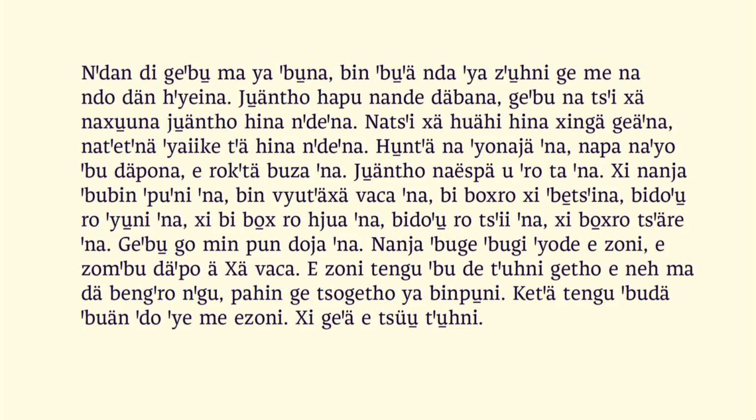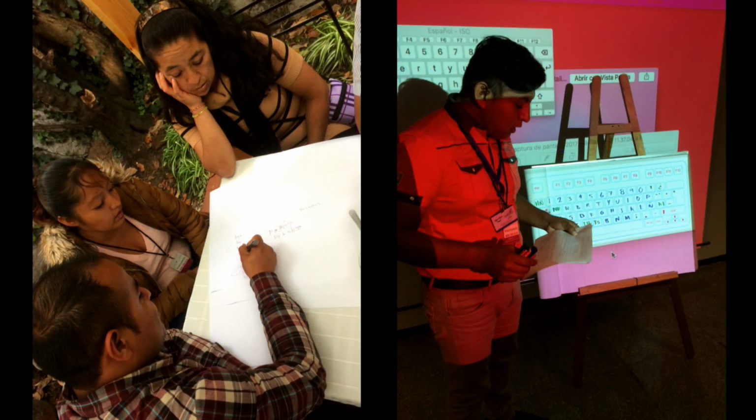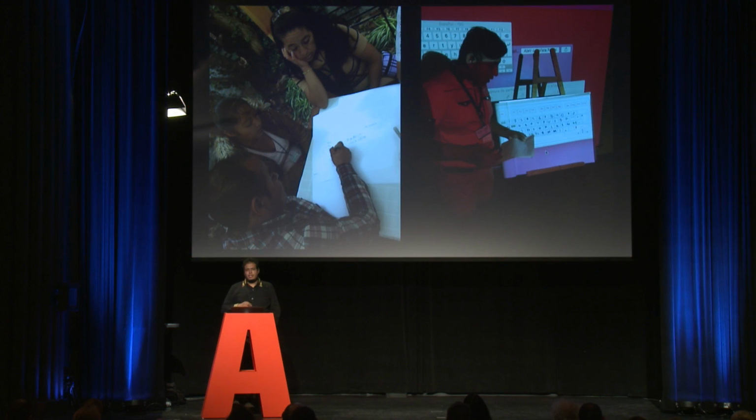And then we organized a little workshop for designing a keyboard layout at the National Institute of Indigenous Languages with their support. And we had some people from 5 variants of the Otomi language, speakers of 5 variants, and they decided how they would like their keyboard to look and to work, and it was so nice.